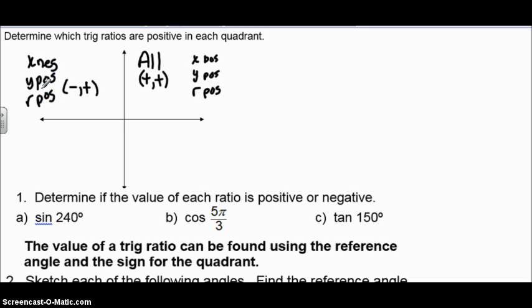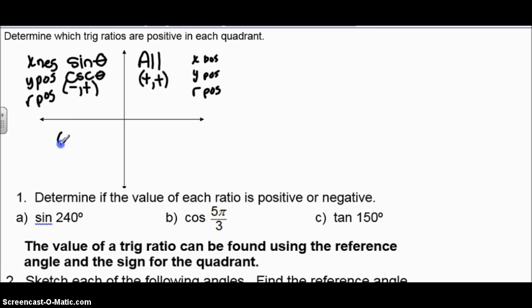So only our y ratios will be positive. So that's sine theta, which is y over r, and its reciprocal, cosecant theta, which is r over y.